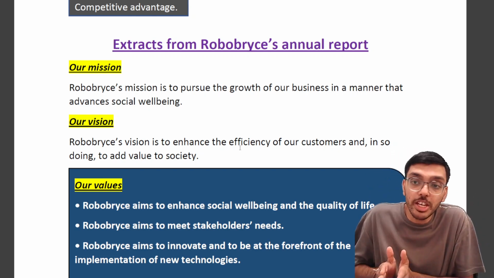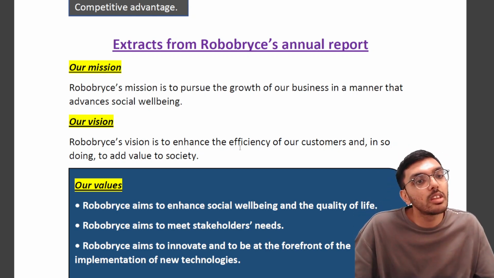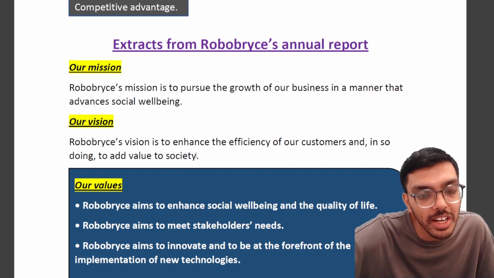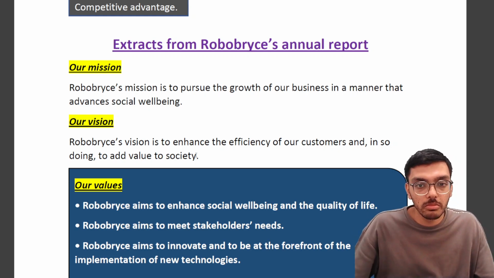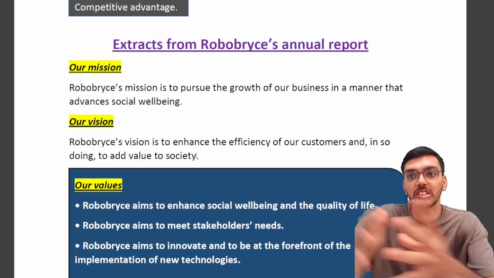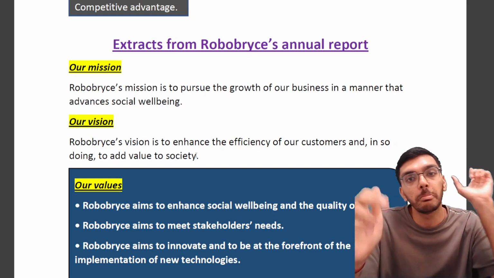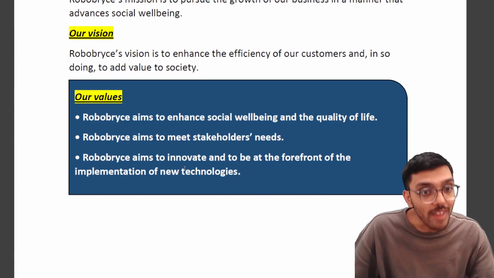So this is something that you are working towards, that you want to achieve in the future. So any new strategy, any new goal that you set has to be in line with this vision. Your vision and your strategies can't be different. They have to align. So mission, important to understand, vision, important to understand, and values.